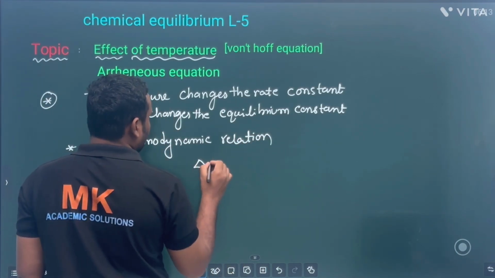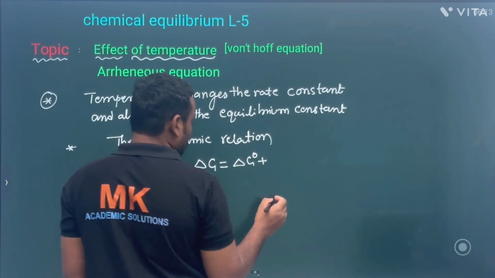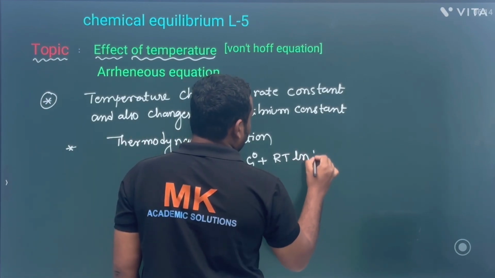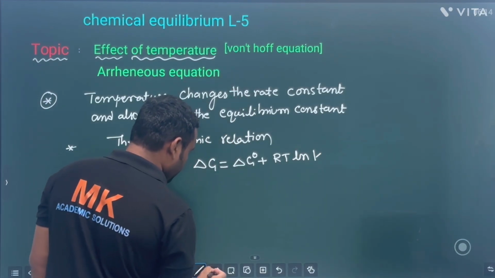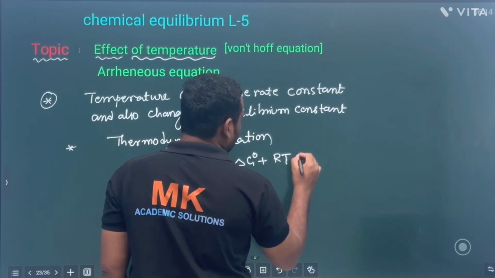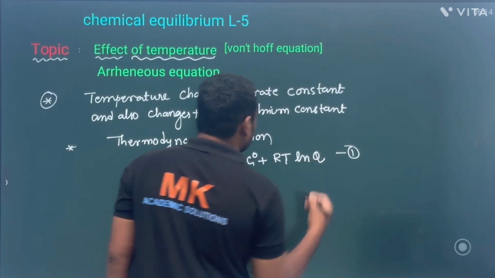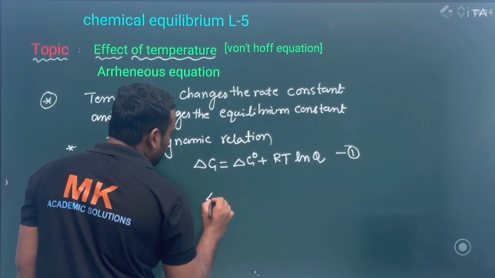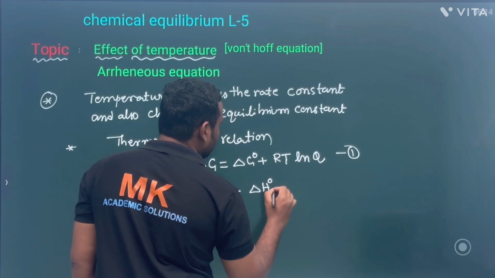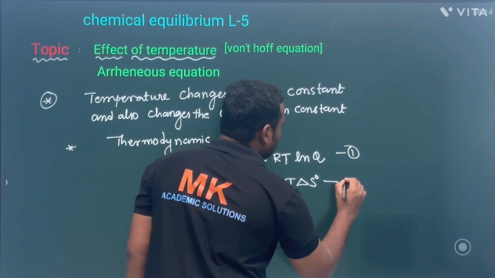That is delta G is equal to delta G naught plus RT ln Q, and consider this as equation number 1. Next, delta G naught is equal to delta H naught minus T delta S naught. This you consider as equation number 2.